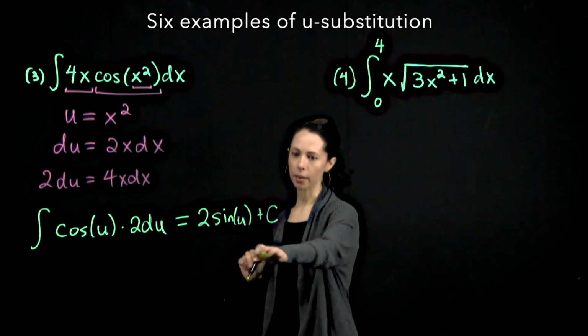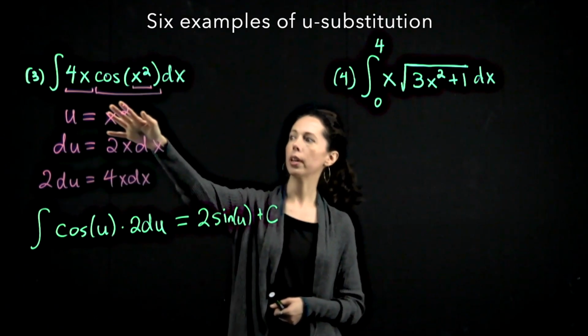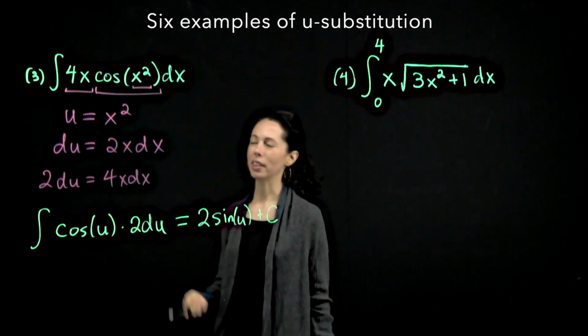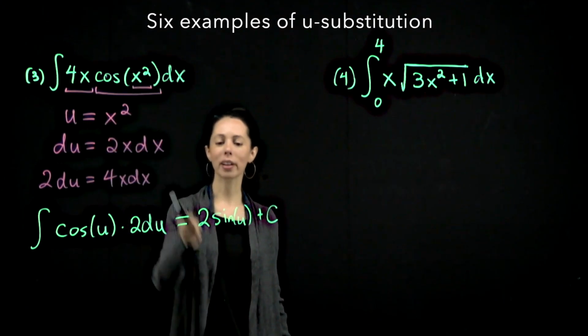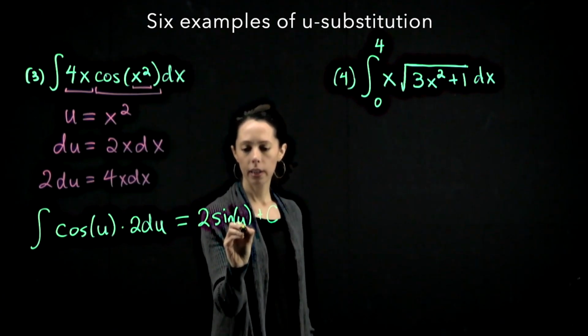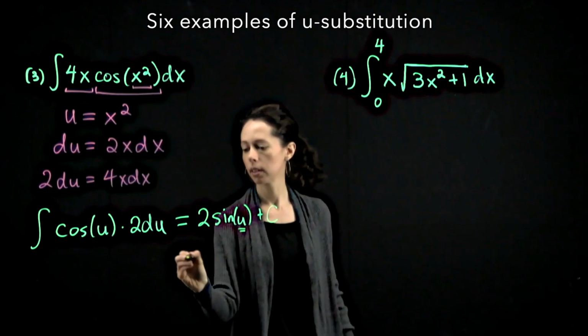You don't want to leave it here, because we were not asked to compute something in terms of u. Our original integral was in terms of x, and our final answer needs to be in terms of x. Otherwise, we're saying the antiderivative of 4x cosine x squared is 2 sine u plus c, and that doesn't make any sense. So what I need to do is replace u with the appropriate expression in terms of x.